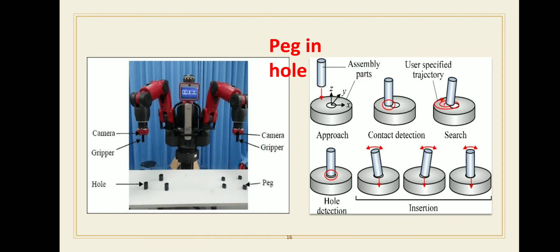The peg in hole operation involves the insertion of one part, the peg, into another part, the hole. It represents the most common assembly task. Peg in hole is divided into two types: round peg in hole and square peg in hole.